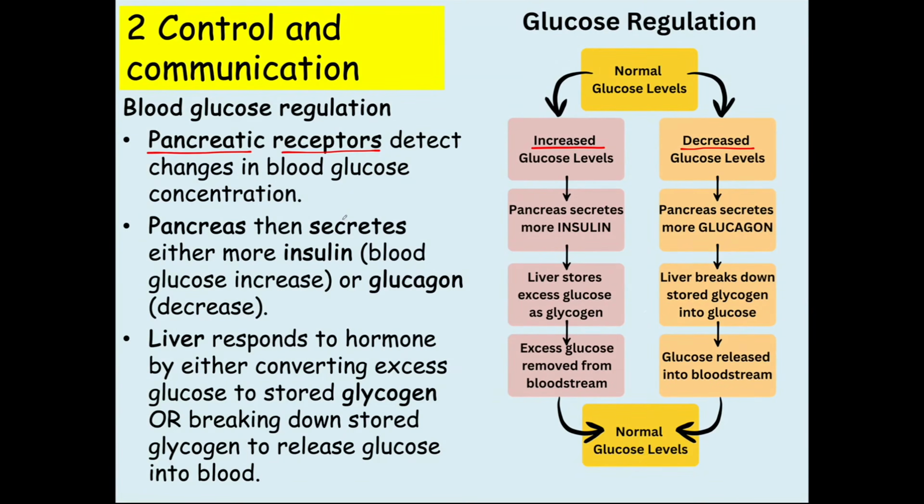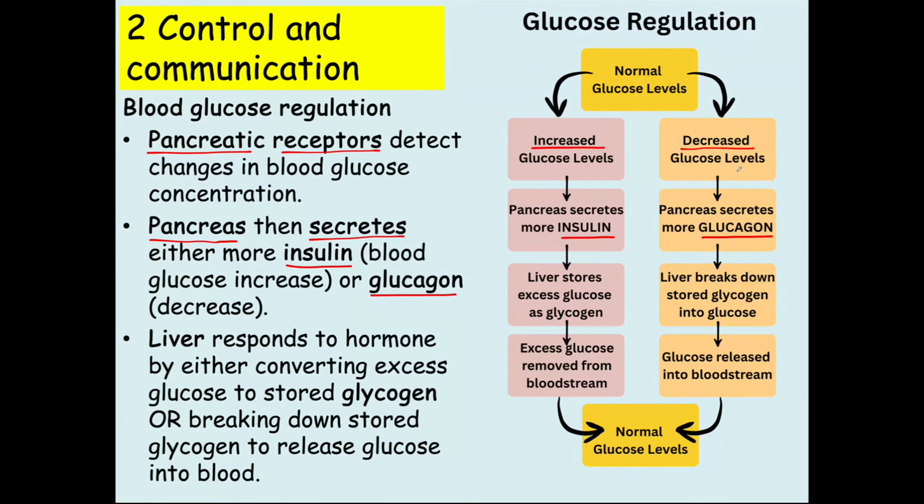Now, when that happens, the pancreas will then secrete, okay, the pancreas is an endocrine gland. It will then secrete either insulin, that's a hormone, or glucagon, also another hormone. Now, insulin is released when there's an increase in blood glucose levels, and glucagon is secreted when there is a decrease in blood glucose levels.